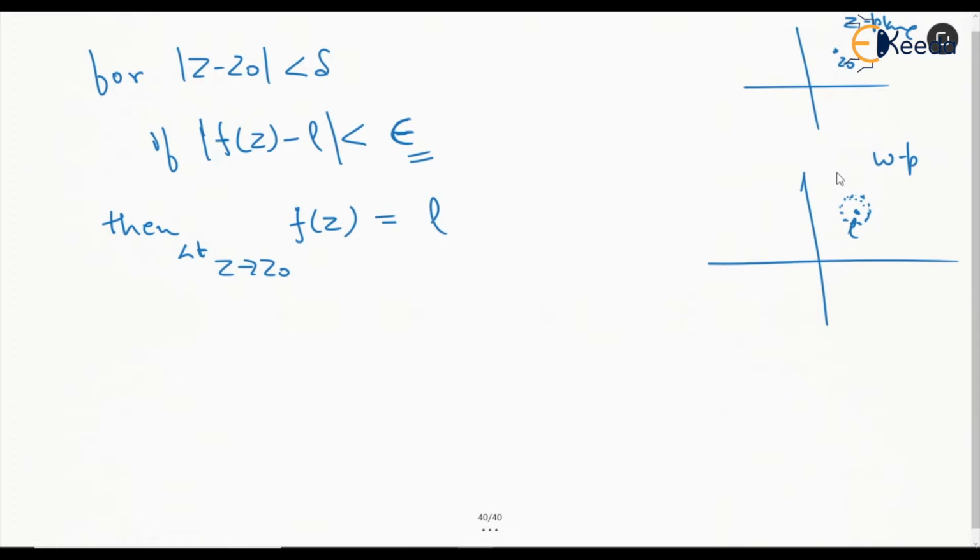Similarly, when you are approaching z naught, the radial distance is going to be less than this del, right? So this is how you can find this, and in this case, if you are breaking it into x and y, you will have to make sure that x is approaching that value and y is also approaching that value, right?